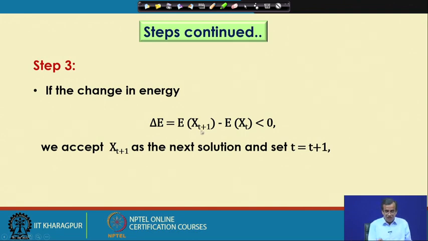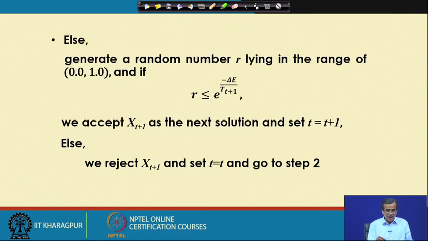That means, if the solution is not selected here, we want to give it another chance, and we check whether it can be accepted or not. So, we generate a random number r lying in the range of 0 to 1, and if r is found to be less than e raised to the power minus delta E divided by T(t+1), then we accept this solution, although it was not accepted previously. So, we just want to give it one chance. Why do we use this type of expression?